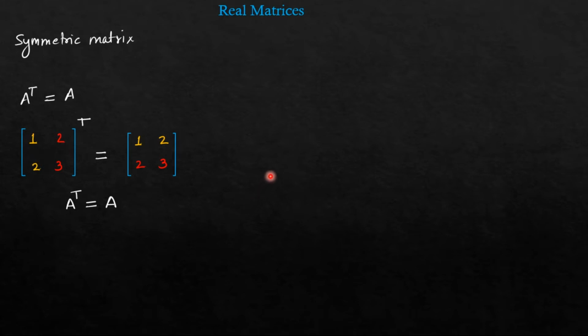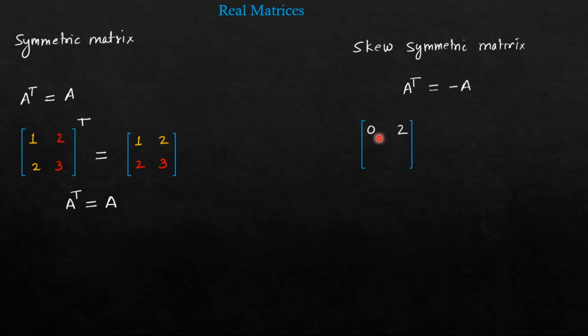Next we define another term, that is skew symmetric matrix. For skew symmetric, A transpose equals minus A. Suppose we have a matrix whose elements are 0, 2, minus 2, 0. If you take the transpose, this column will transform into a row, so it will become 0, minus 2, and this column will transform into a row, so it will become 2, 0.